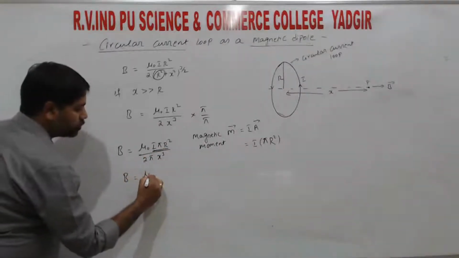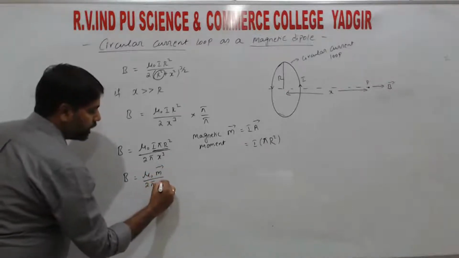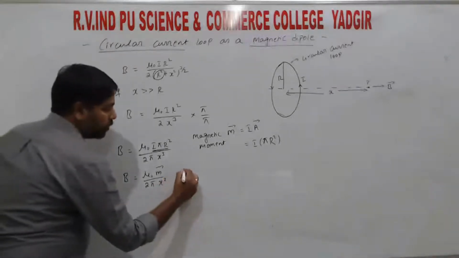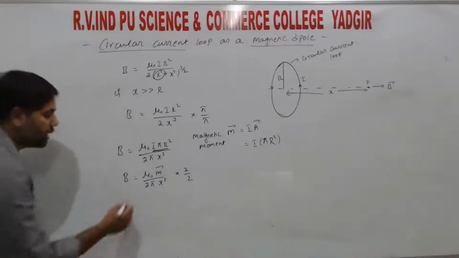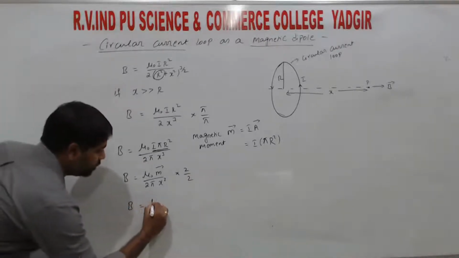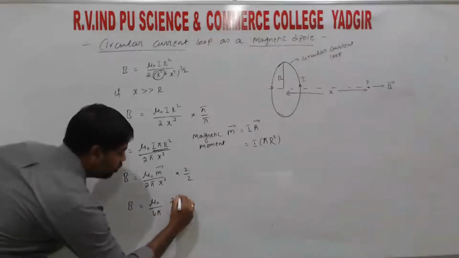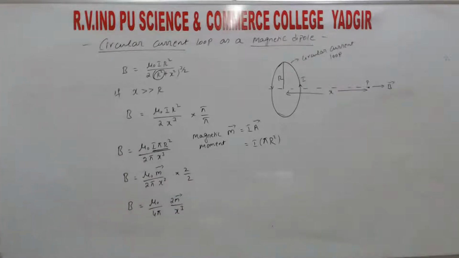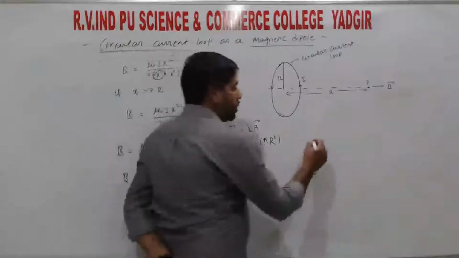So B is equal to mu naught m divided by 2 pi x cube, right? So once again, we need to multiply and divide by 2 on numerator and denominator, right? So we get magnetic field B is equal to mu naught by 4 pi into 2m divided by x cube, right? So this equation is similar to that of the electric dipole, right?